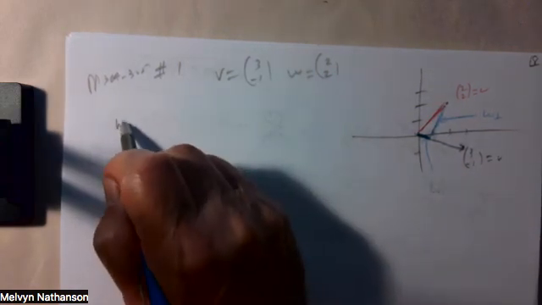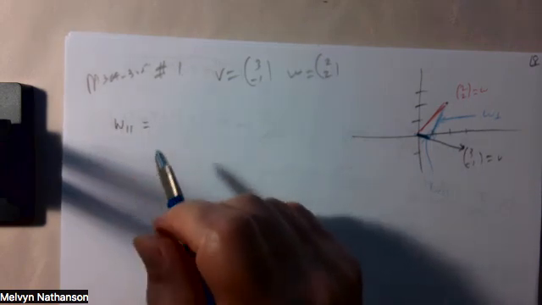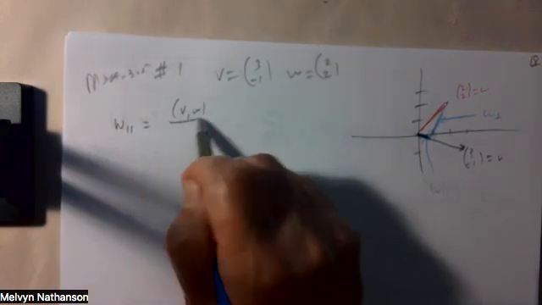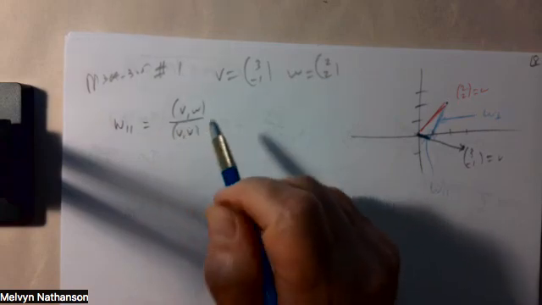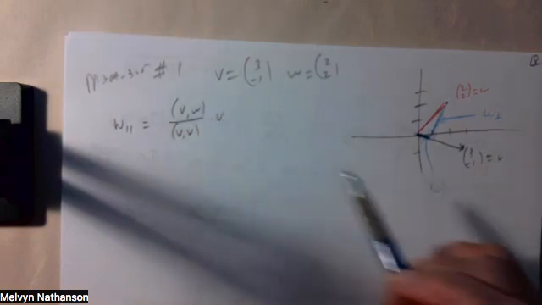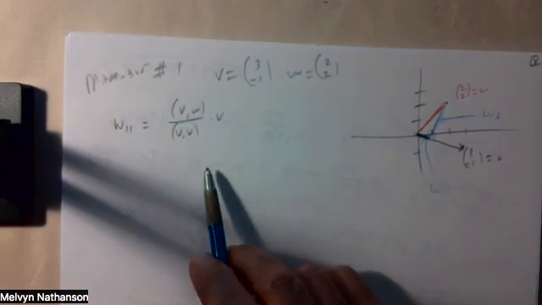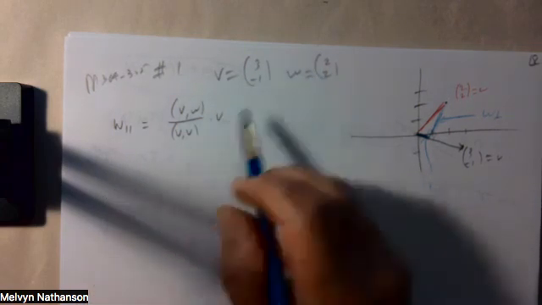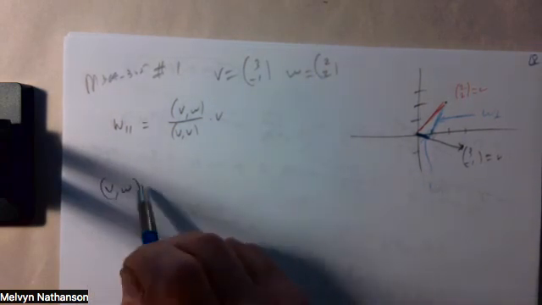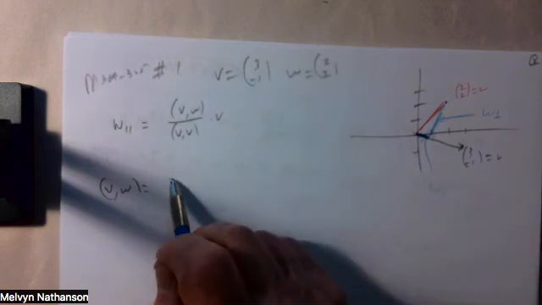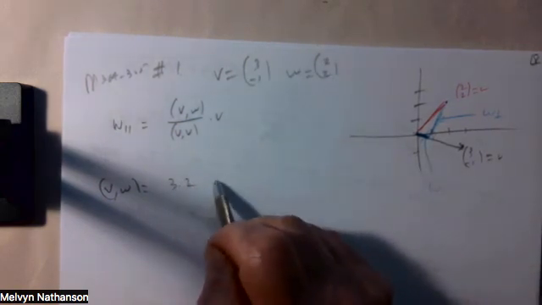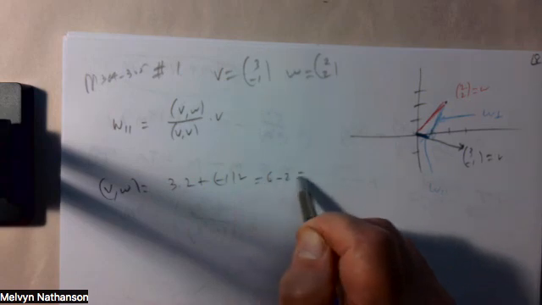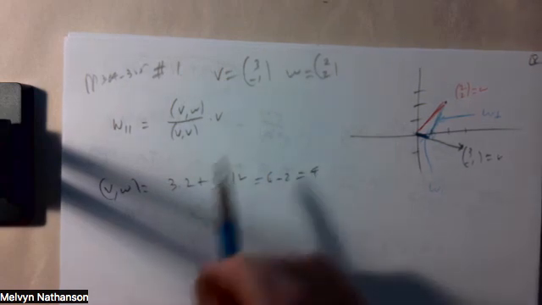So W parallel is equal to the inner product of V and W divided by the inner product of V with itself, times V. What is that equal to? Here's V and W. For the inner product of V and W, you multiply the X coordinates, you multiply the Y coordinates, and you add: you get 6 minus 2, that's equal to 4.